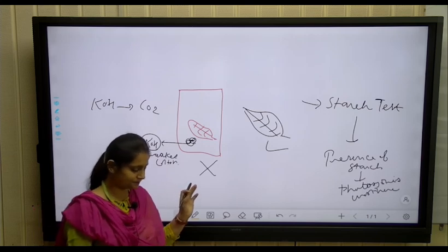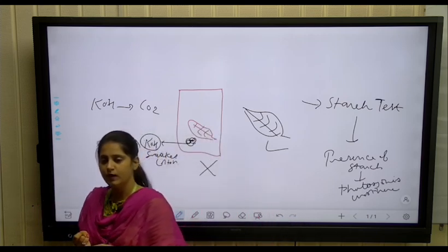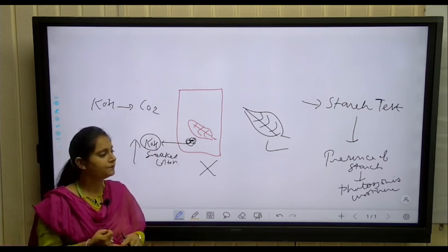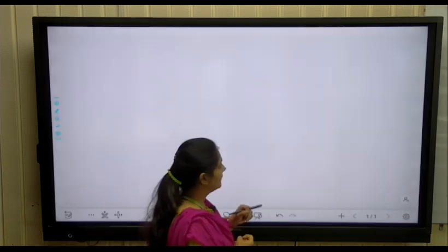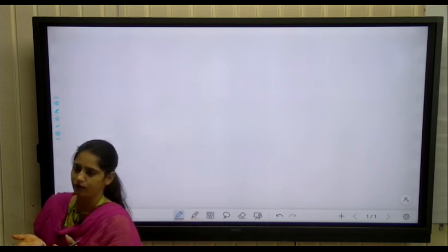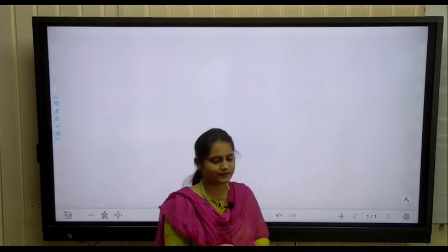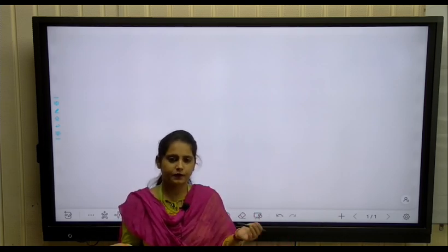So this experiment proves that photosynthesis requires CO2, and the first experiment proved that photosynthesis requires chlorophyll. Fine. Now the next thing is, we will know about some unknown facts. We all know about the process of photosynthesis, the reaction, the requirements, and why it is necessary.